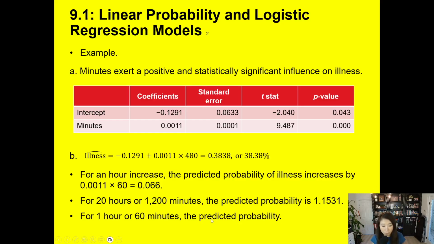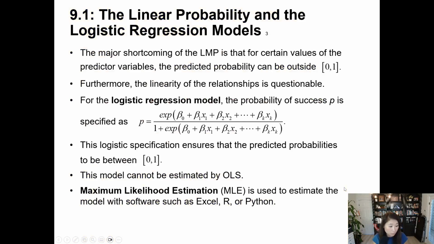Like here, for 20 hours, you end up with a probability larger than 1. That is not what we are looking for. So when we think about how to predict the probability of a binary dependent variable, we need to turn to logistic regression. That is what I'm going to talk about next, logistic regression.